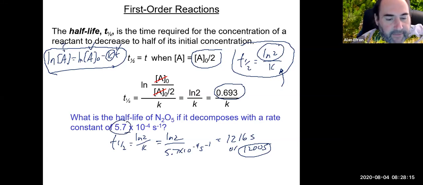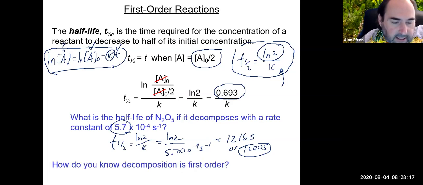The second question is, how do we know it's first order? We know because of the units associated with the rate constant. Those units are reciprocal seconds, or 1 over seconds, which are the typical units associated with a first order reaction. Any questions on that there?